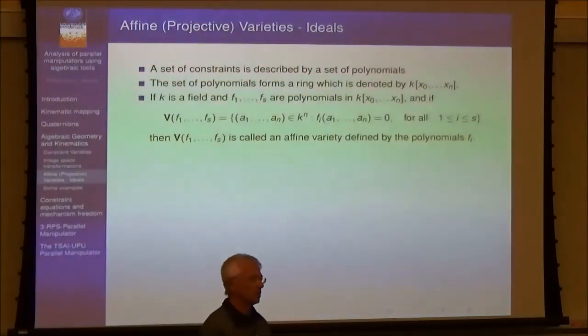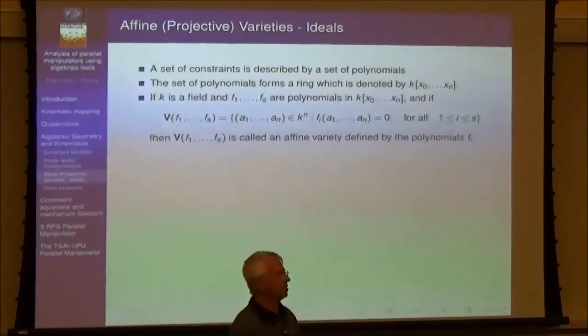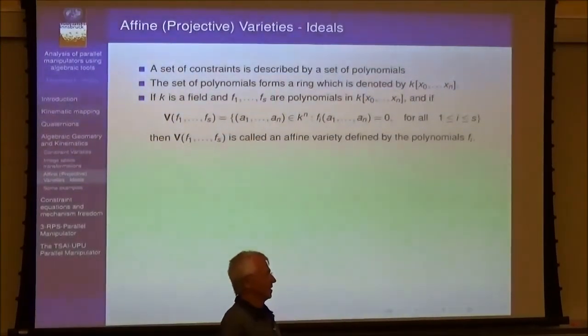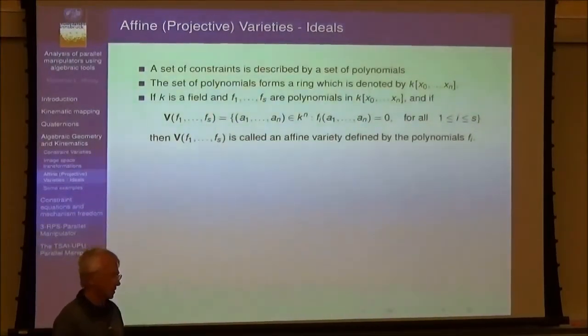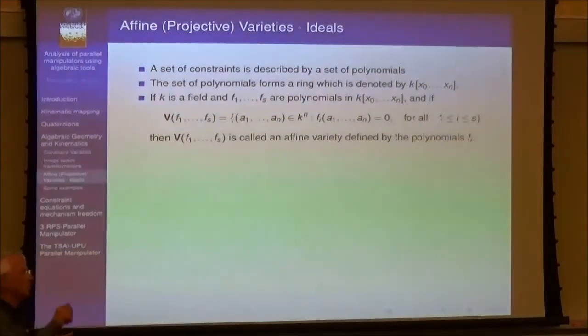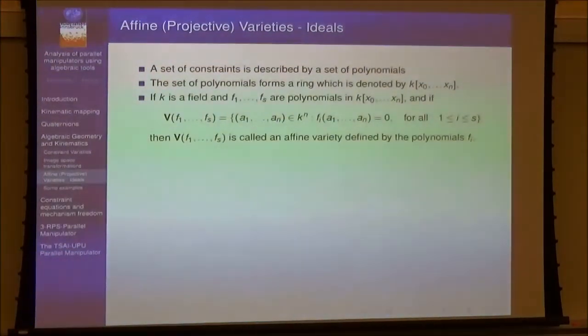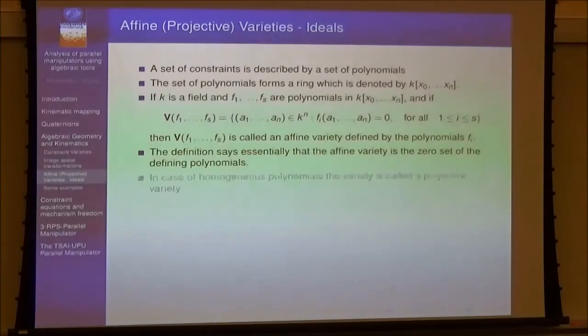You as an engineer, you are only interested in the affine variety because this is the circle. The polynomial which is describing the circle is maybe interesting from a mathematical point of view, but you are interested in the circle, you are interested in the object. And this is called the affine variety.